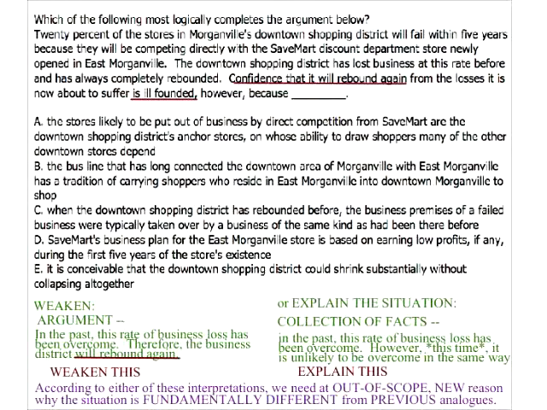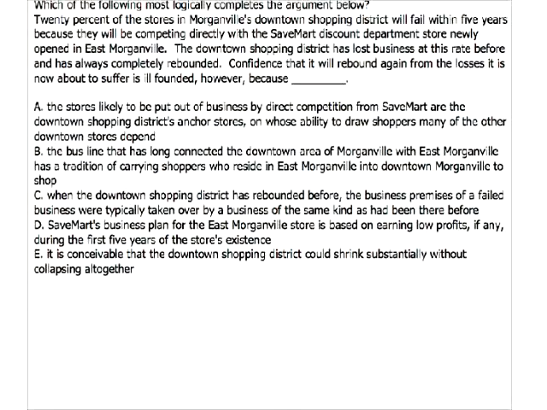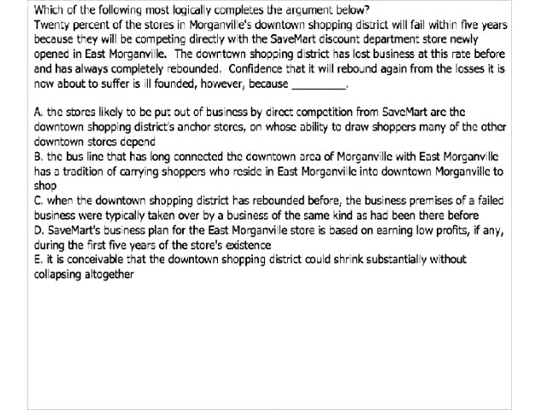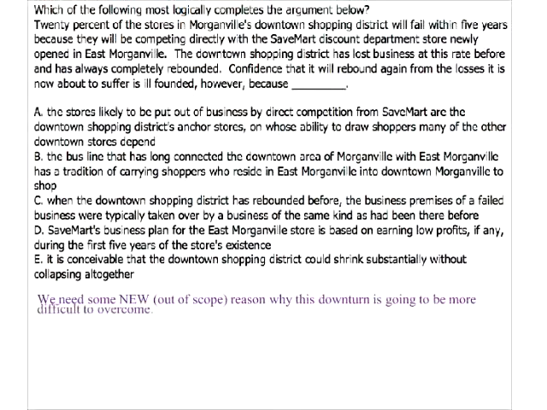In other words, we need a reason why the situation is different from previous times. Why are we not likely to rebound again? So we need some new reason, out of scope, why this downturn is going to be more difficult to overcome.